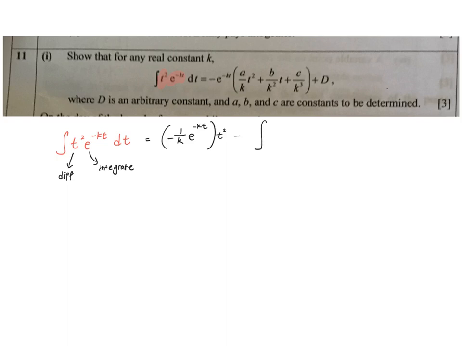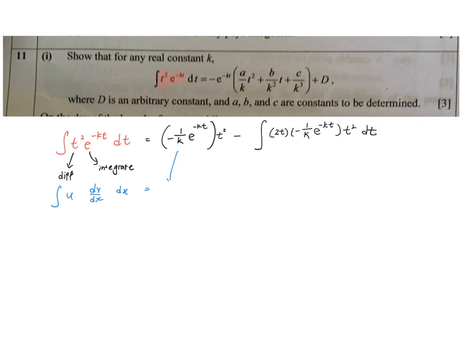Then I differentiate my t squared. I'm choosing this to be differentiated, and that will give me 2t, multiplied by negative 1 over k e to the power negative kt, dt. Remember that in our formula, when we integrate u dv/dx, this is the integration by parts one.